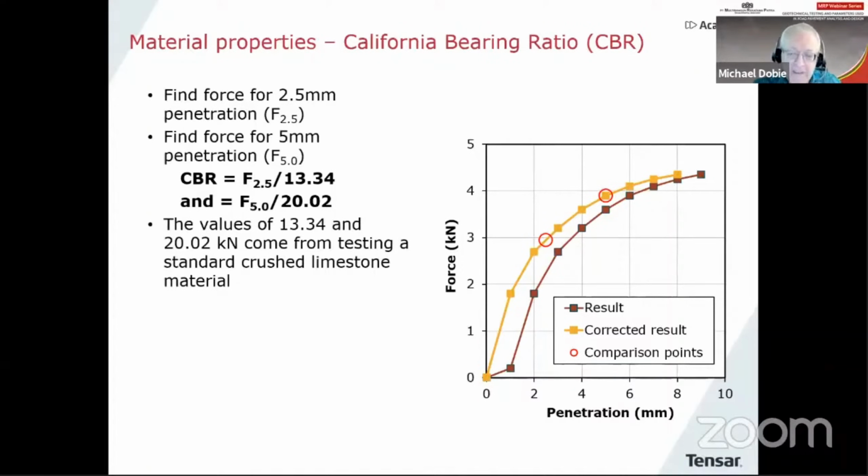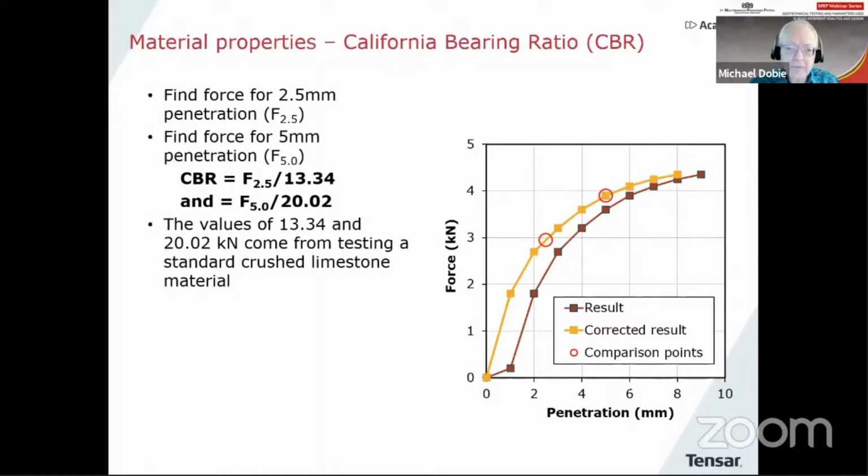We then identify the force on the plunger at a 2.5 and a 5 millimeter penetration. So they're called F2.5 and F5. And we compare those with some standard values, which happen to be 13.34 and 20.02 kilonewtons, which come from testing a standard crushed limestone material.